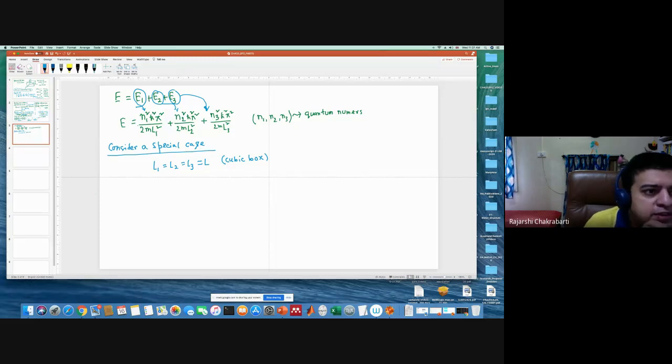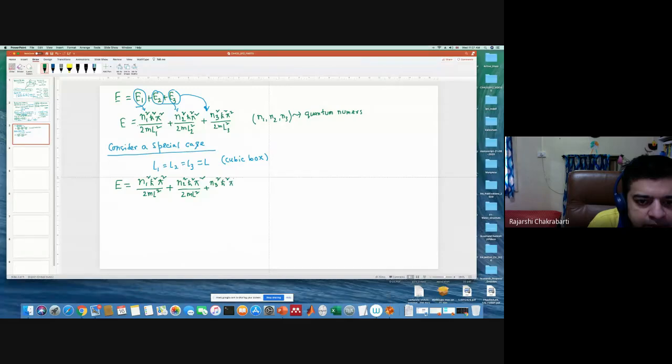In that case, what will the energy expression be? It is going to be n1 square h cross square pi square by twice m L square, plus n2 square h cross square pi square by 2m L square, plus n3 square h cross square pi square by 2m L square.